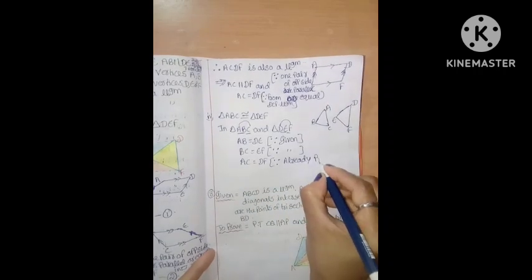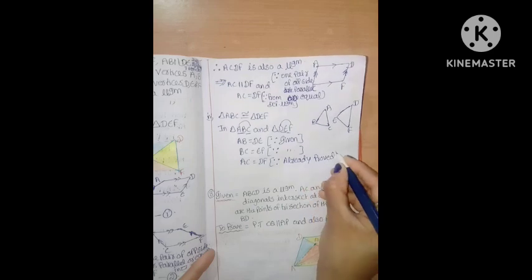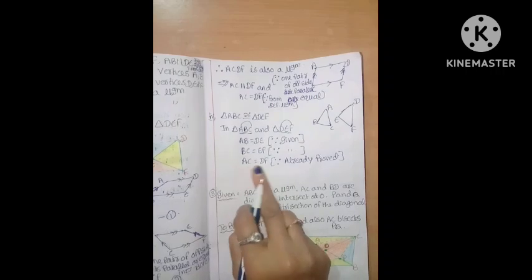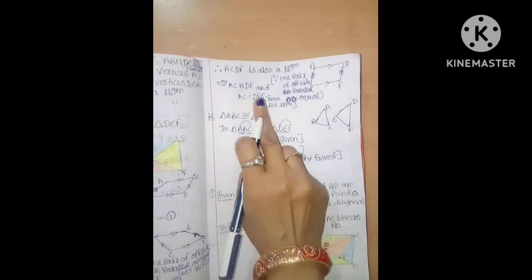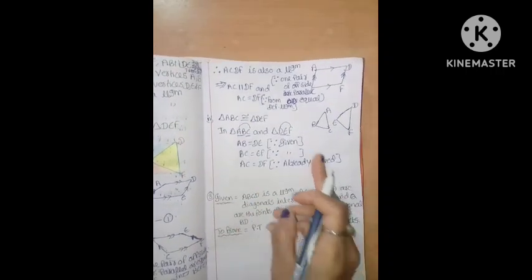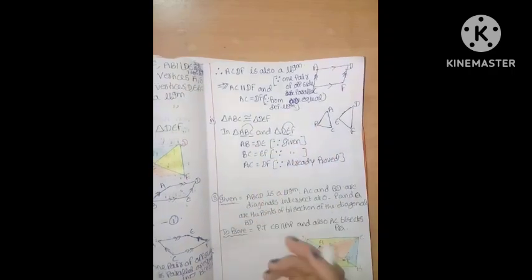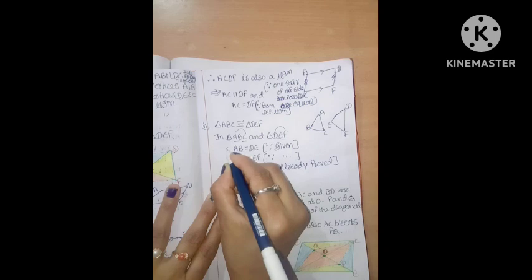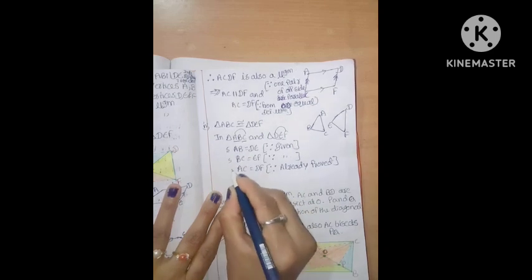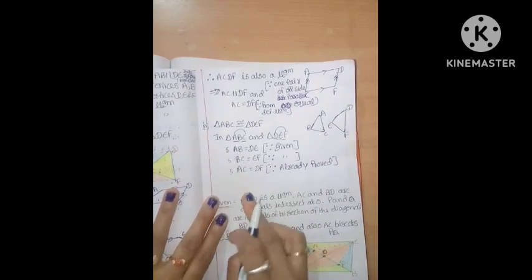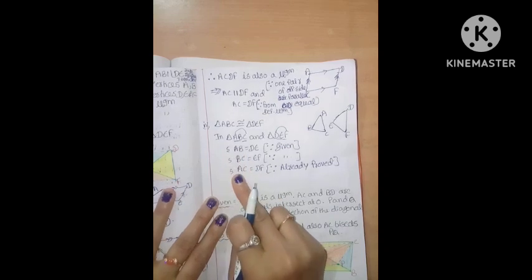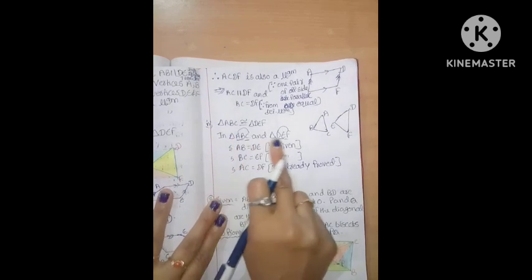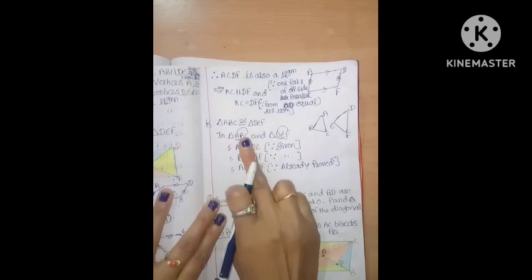Already proved above, in the third question. AC equal DF, one pair of opposite sides are equal in parallelogram ACDF. So according to the side congruence rule, these two triangles are congruent.